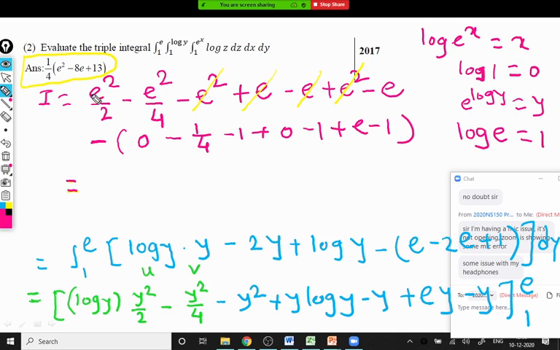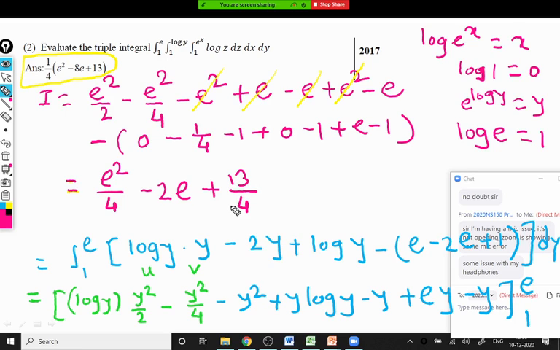So e square by 4. Now this is a minus e, a minus 2e, and the last is a minus 1 by 4. This is 4, this minus 2. No, not minus 2, minus 3 is there. Minus 1 by 4 minus 3 is minus, minus, plus 13 by 4.